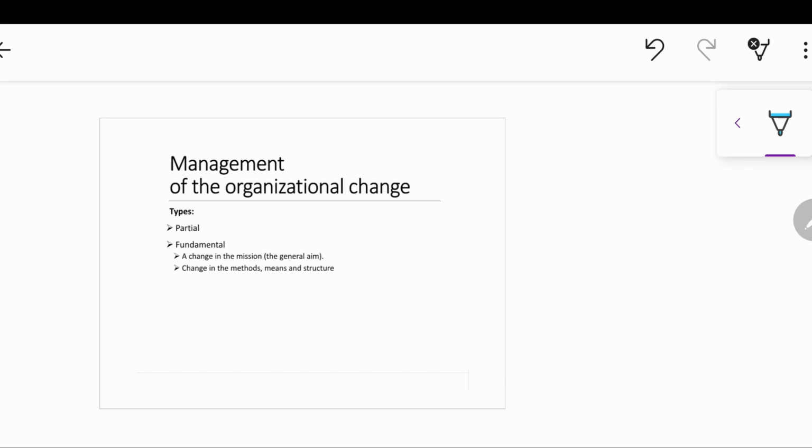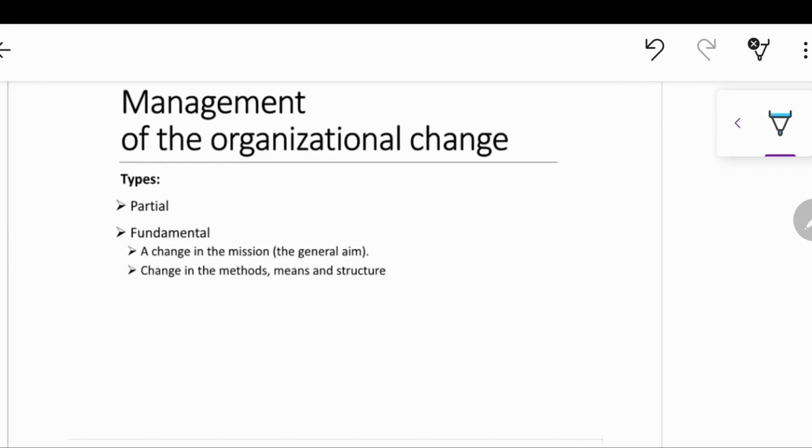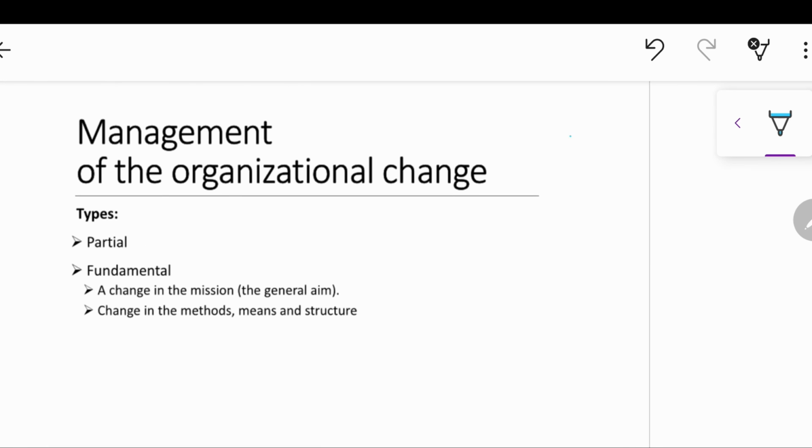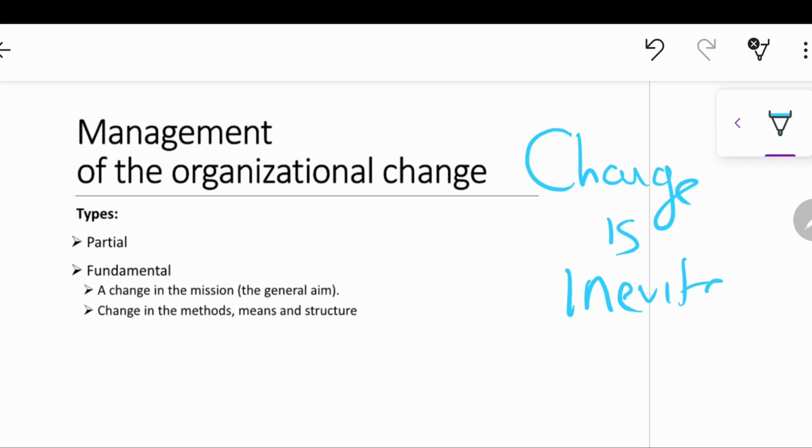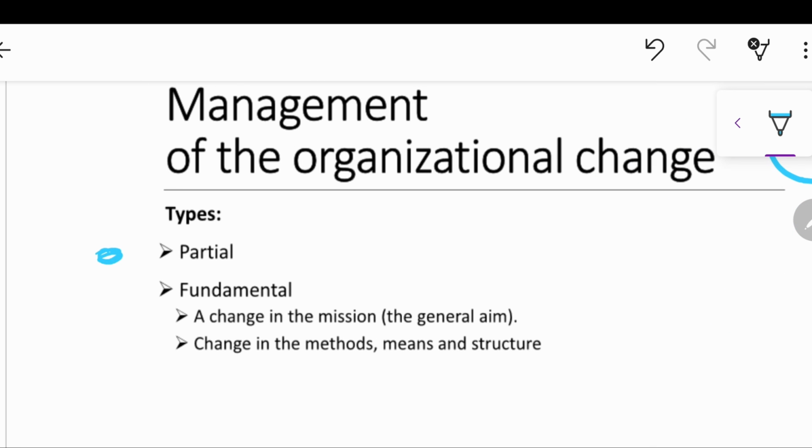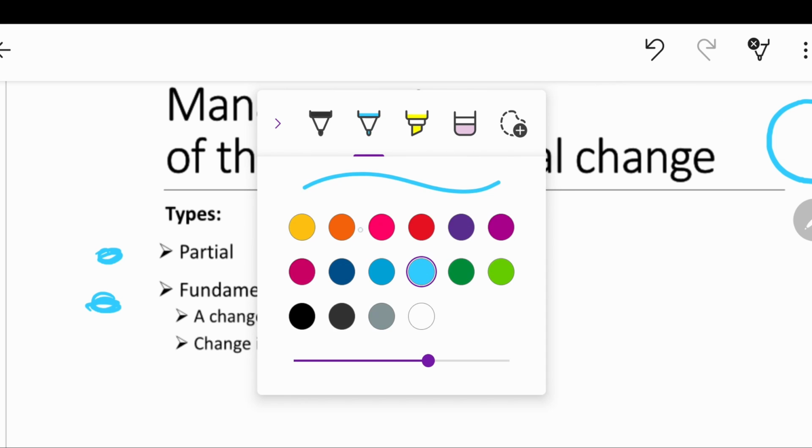Now, changes in the organization. Now, changes are inevitable. Change is inevitable. But change can range between a partial change in the organization or a fundamental change in the organization.